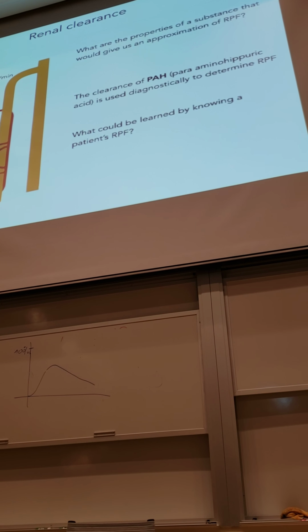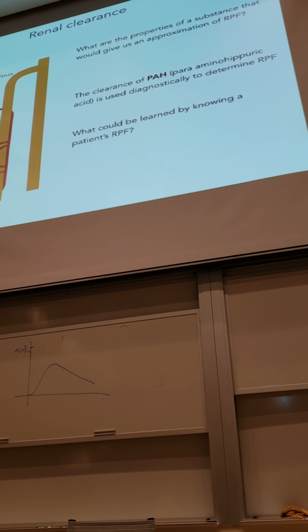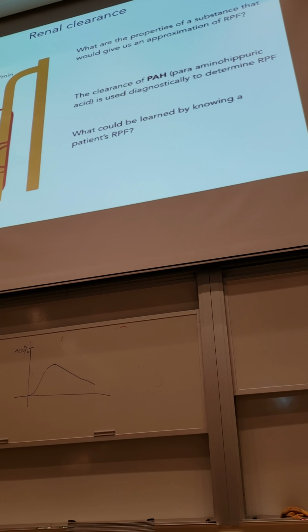Okay? So why would we want to know about a patient's renal plasma flow? What would this tell us? It doesn't tell us necessarily about filtration efficiency, but what else does it tell us? There's no obstruction, right? We talked about renal arterial stenosis as one possibility, right?